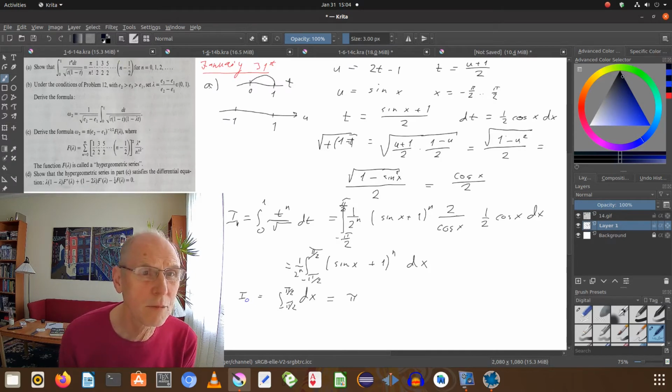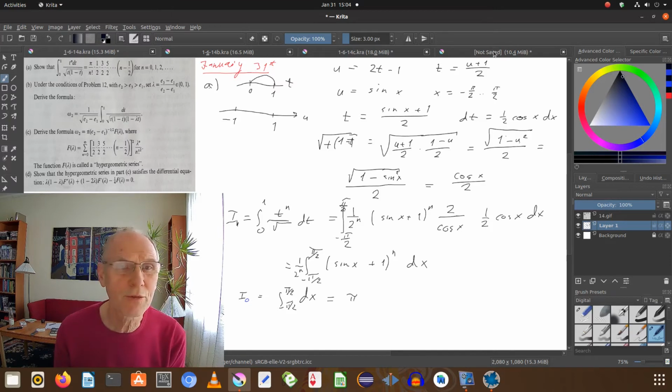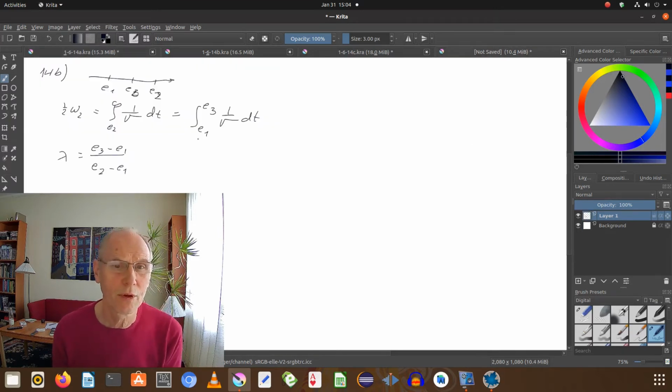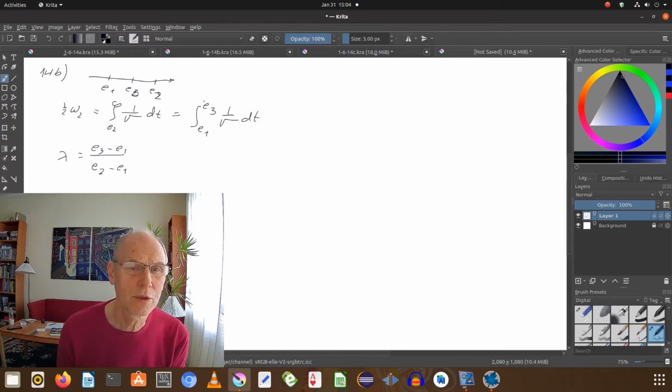Oh, that's just a parameter. So we shall change variables, so we integrate from naught to unity. So we must have a new variable.